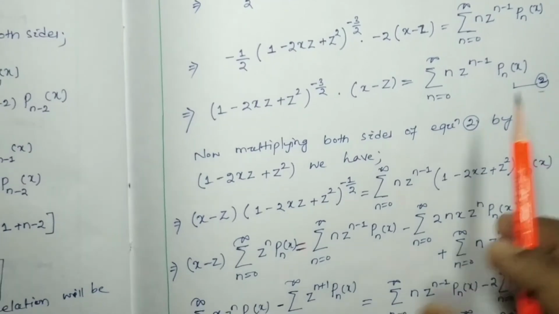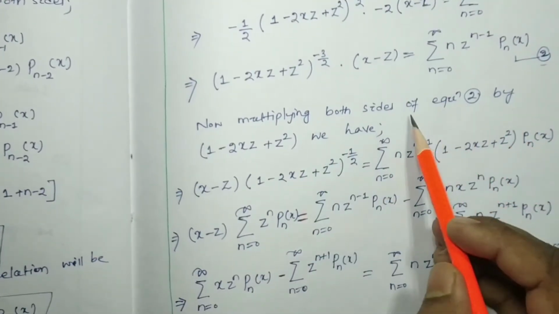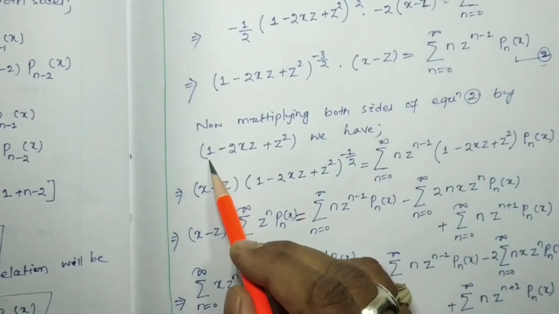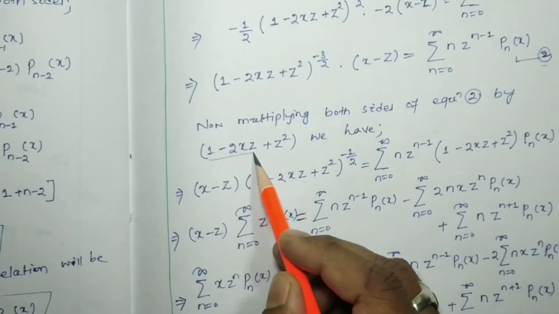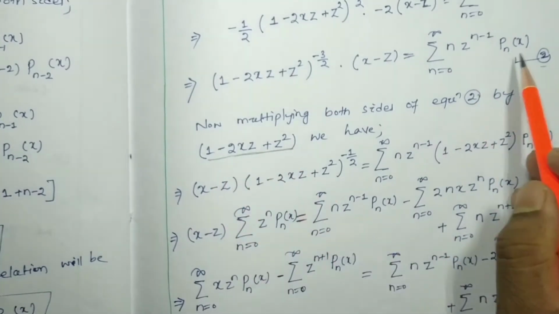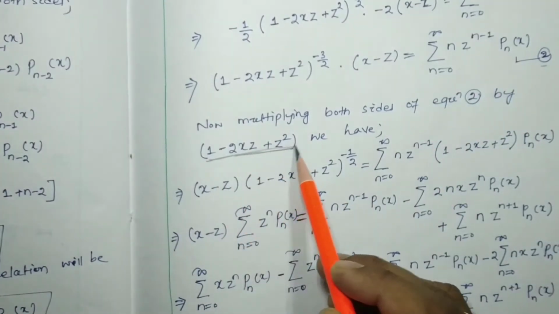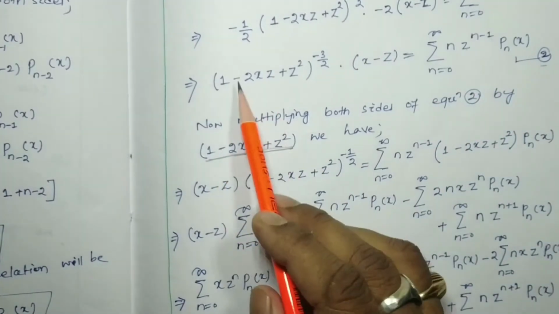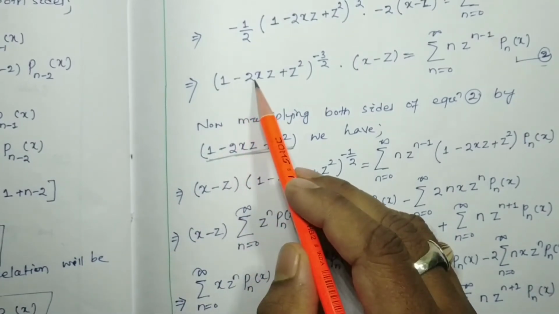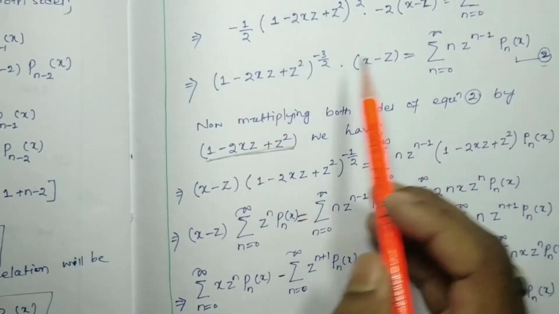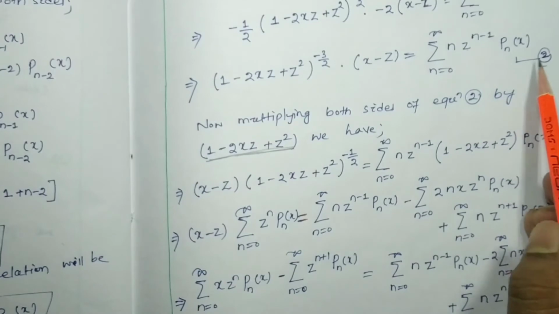Now multiplying both sides of equation number 1 by 1 minus 2zx plus z square. With equation number 2 we have to multiply this term. There is no power, only 1 minus 2xz plus z square, we have to multiply on the left side and right side of equation number 2.